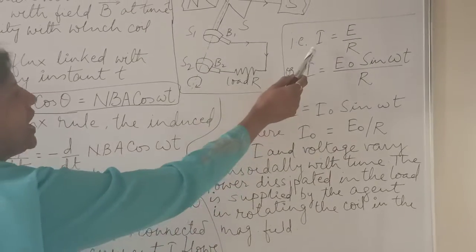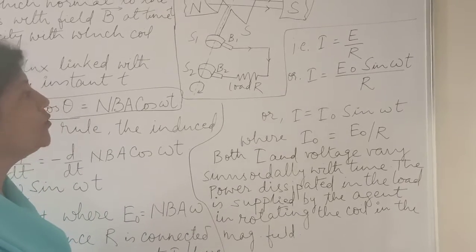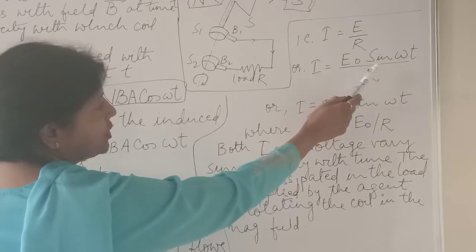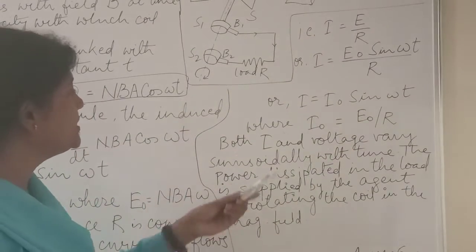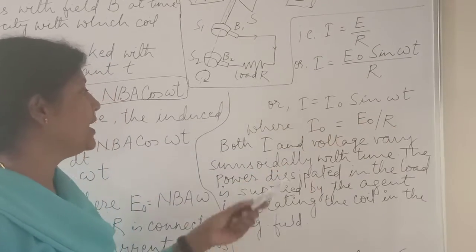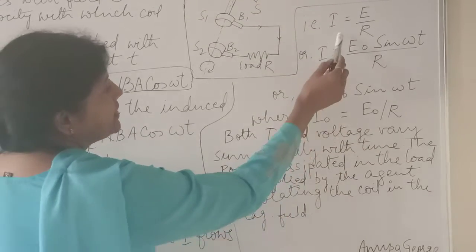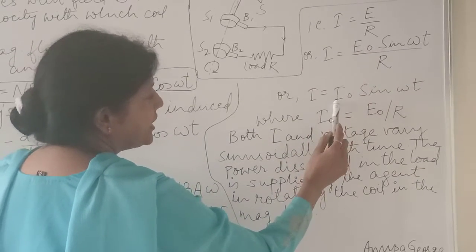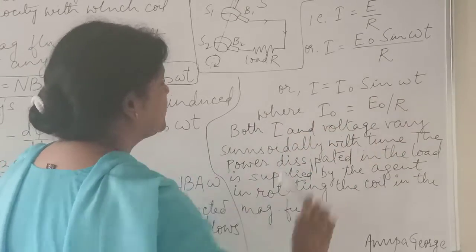So we can write I is equal to E upon R. Substituting the value of E, I is equal to E naught sin omega t upon R, or I is equal to I naught sin omega t, where I naught is equal to E naught upon R.